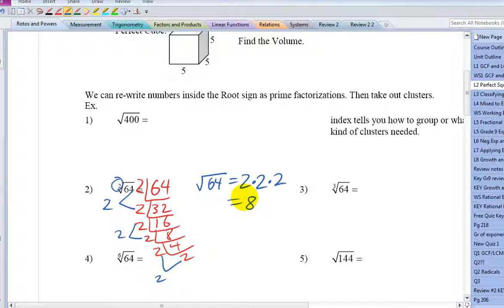Okay. Now another way of writing this, and you don't have to write this down, so we can say square root 64 equals 1 square root 1, 2, 3, 4, 5, 6. Right? That's these red 2's right here.